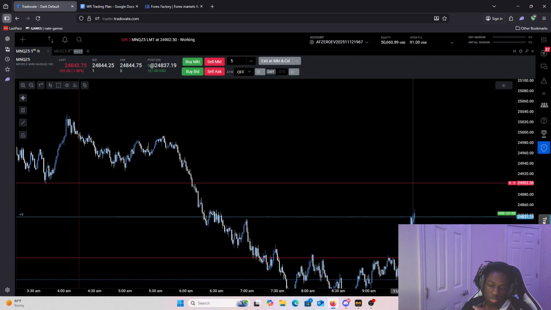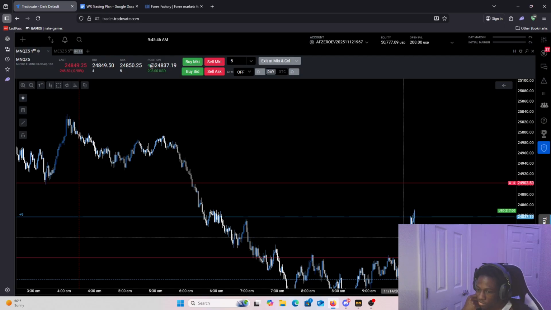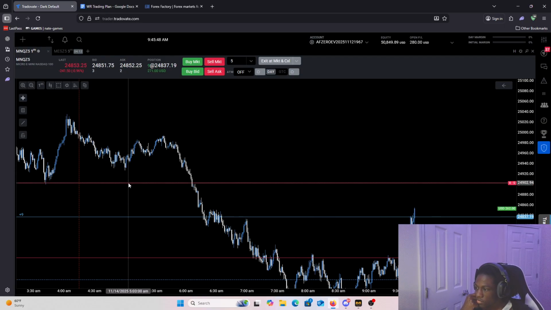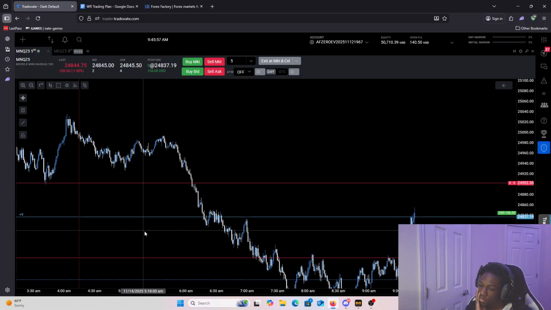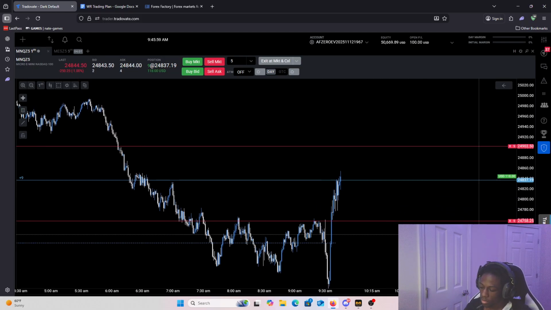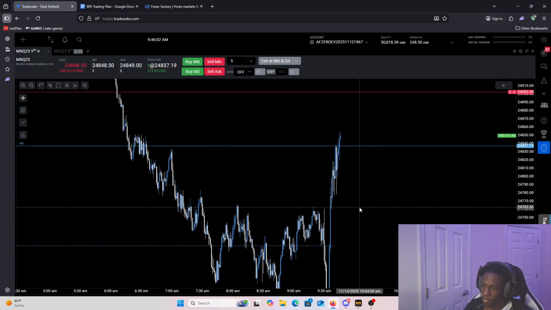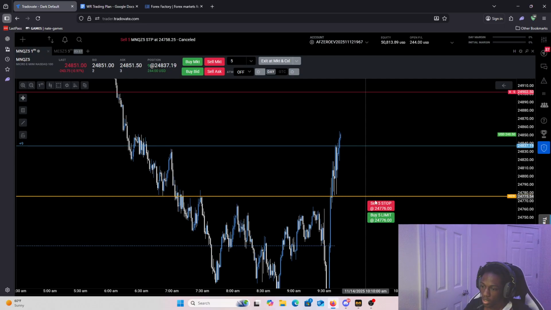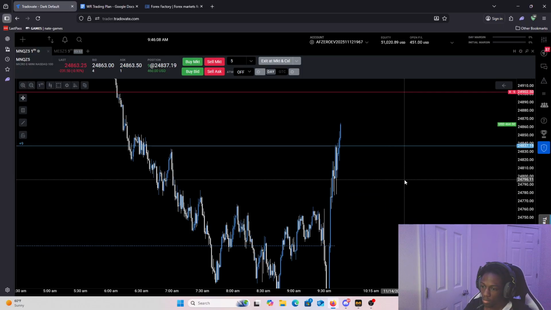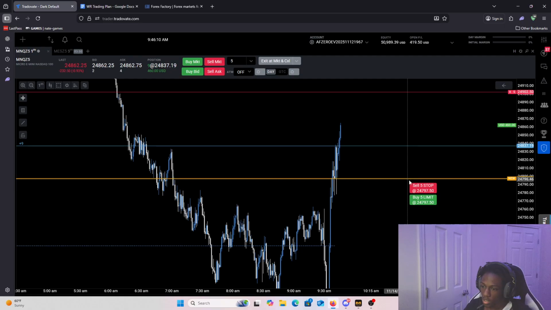And we'll see how it goes. I did not mean to get in for 9. I meant to get in for 7. I can actually move my stop here. My stop like here.